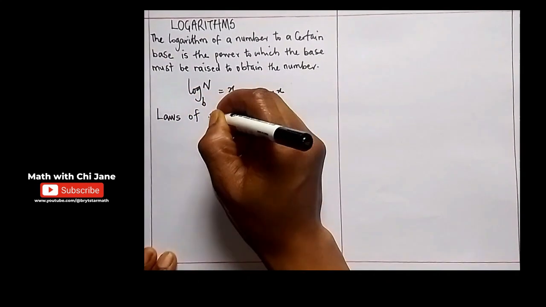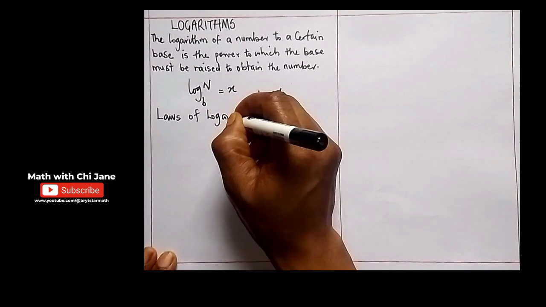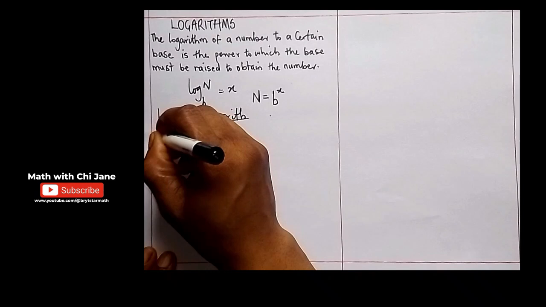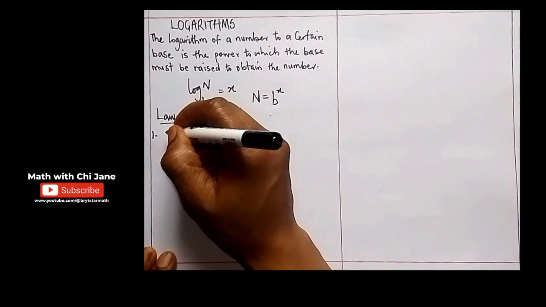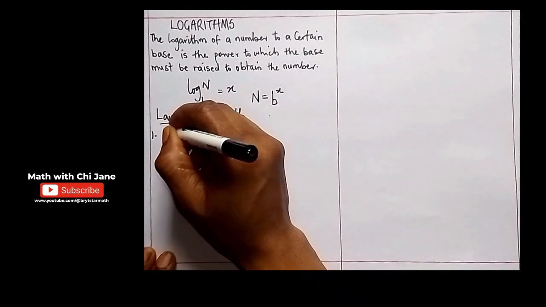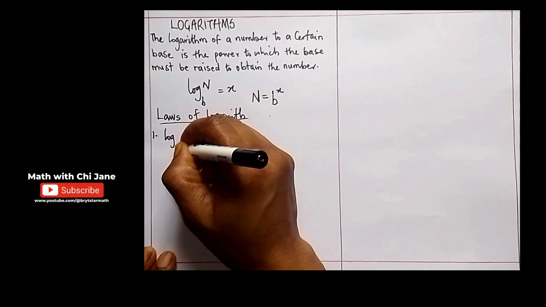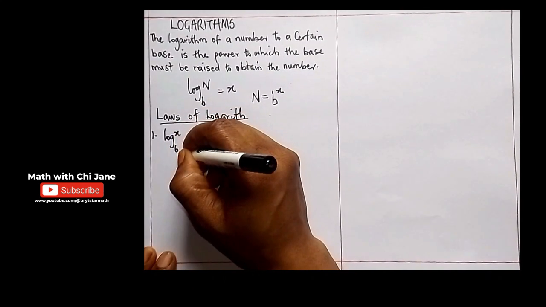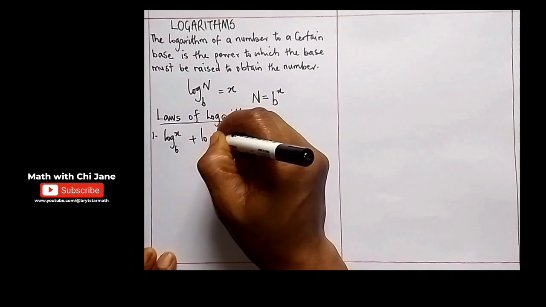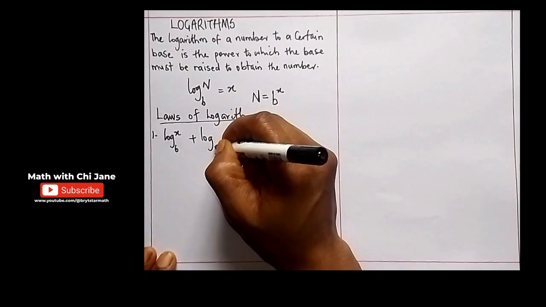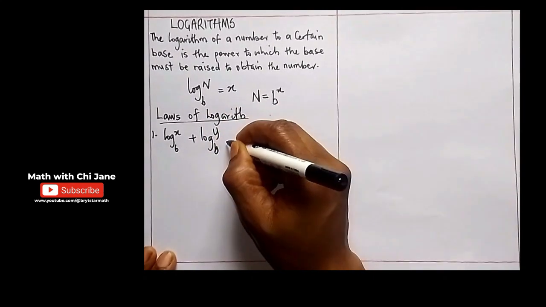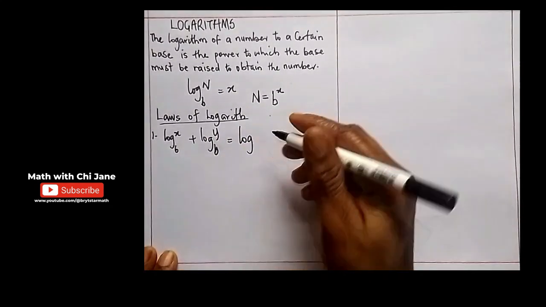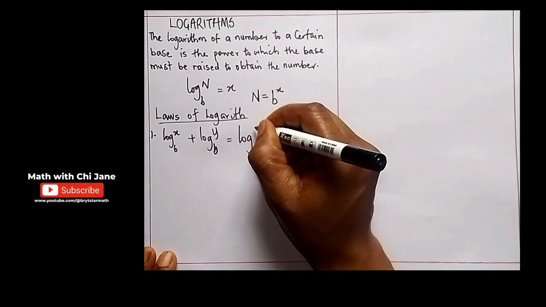Laws of logarithm. The first law, you can call it the addition law. We have log x base b plus log y base b is equal to log, when you are adding two logs, that means you multiply the numbers.